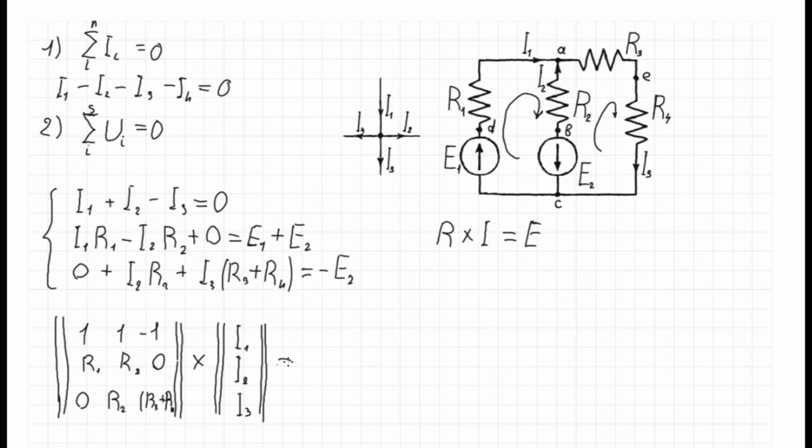All these equal the column matrix of electromotive sources. Here the matrix consists of the next points.